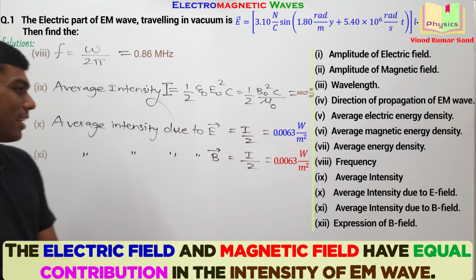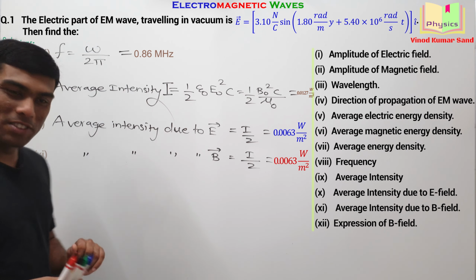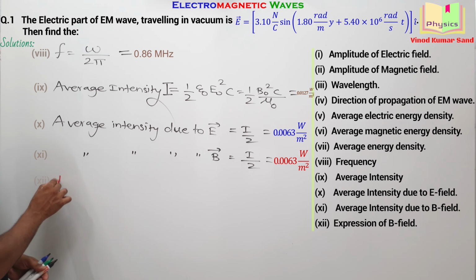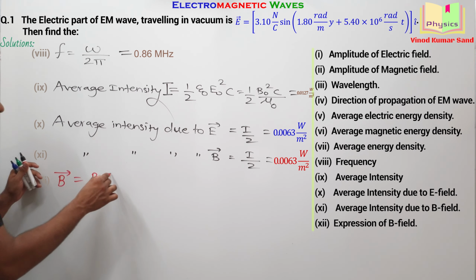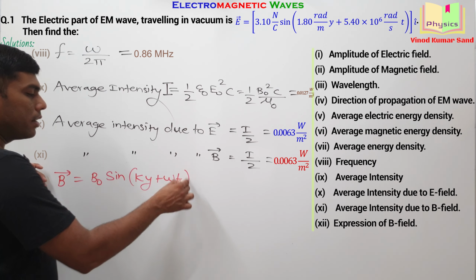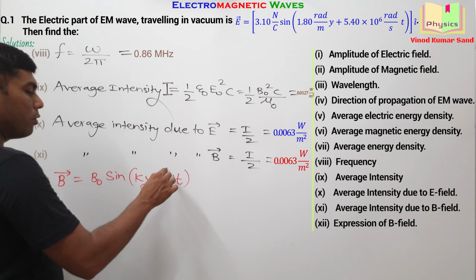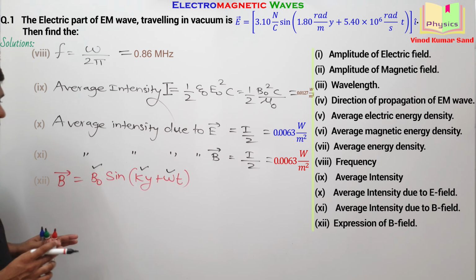Pretty important thing. Now solving the last and the most important part of this question, the expression of the B vector. We know that it will be written as B naught sine of ky plus omega t. We already know the value of omega, we know the value of k, we know the value of B naught from the previous calculations.